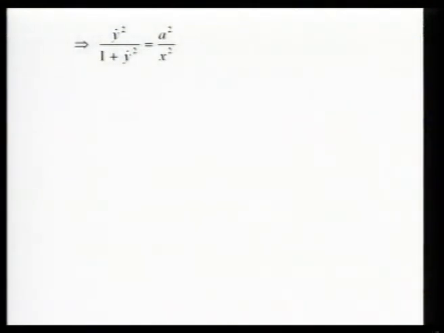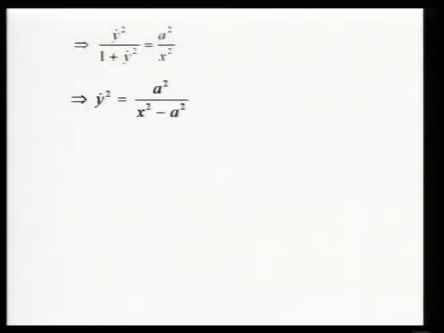We apply the same technique of componendo and dividendo. This implies that y dot squared over 1 plus y dot squared is equal to a squared over x squared. And this solves for y dot squared either by cross multiplication or by the property of ratio and proportion, whichever is convenient for you. To me, that ratio and proportion method is comparatively easier, so I always do it like that. But you can choose your own.